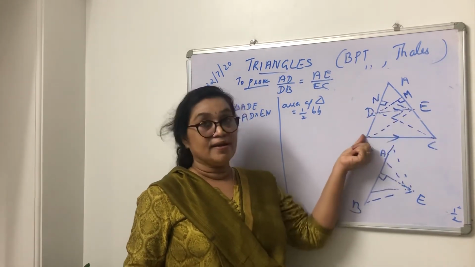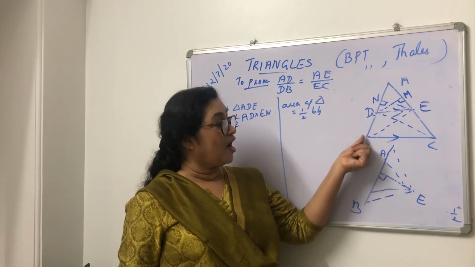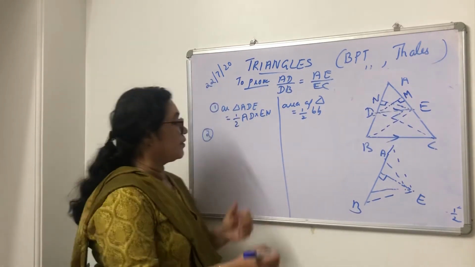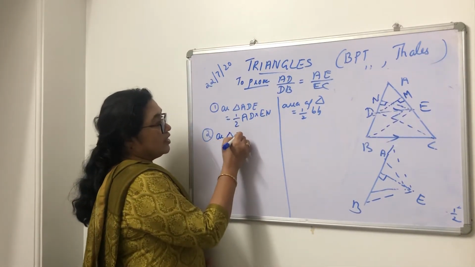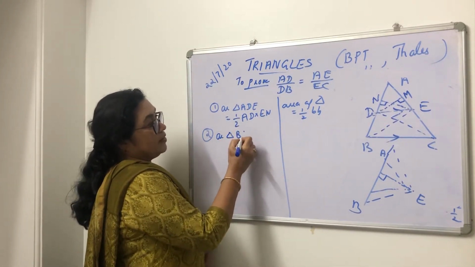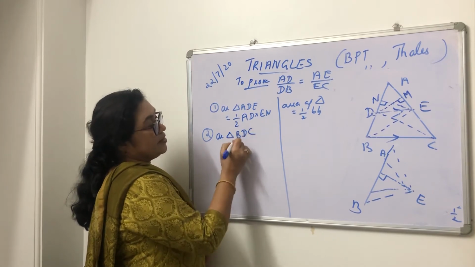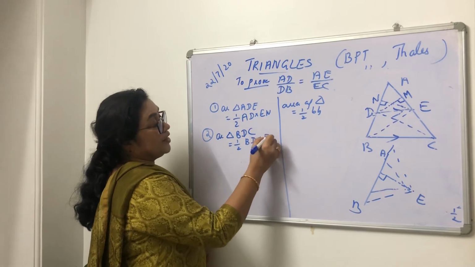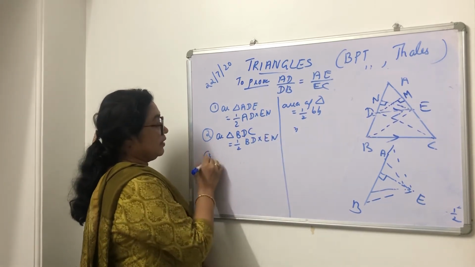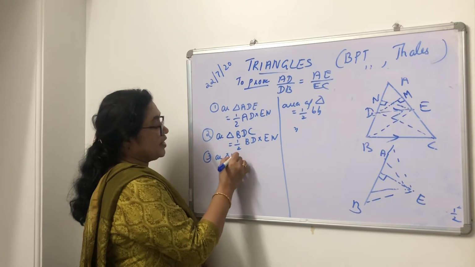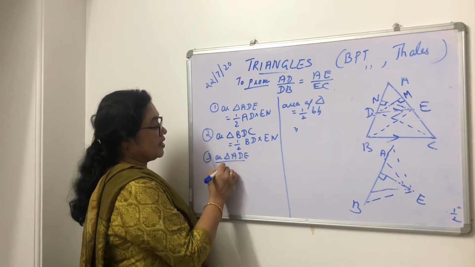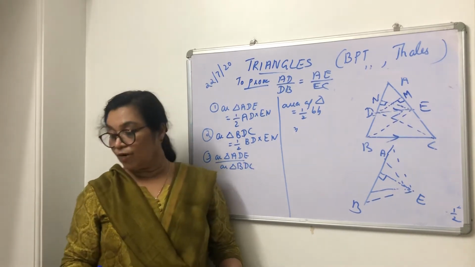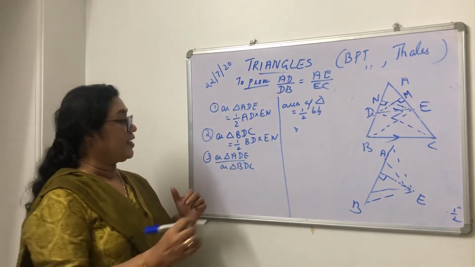Therefore, the area of triangle BDE is half into base BD into EN. Area of triangle BDE equals half into BD into EN. The third, I am taking area of ADE by area of BDE.